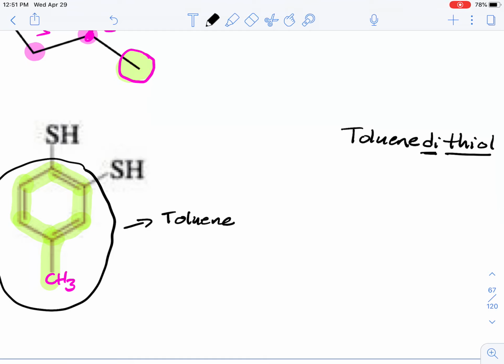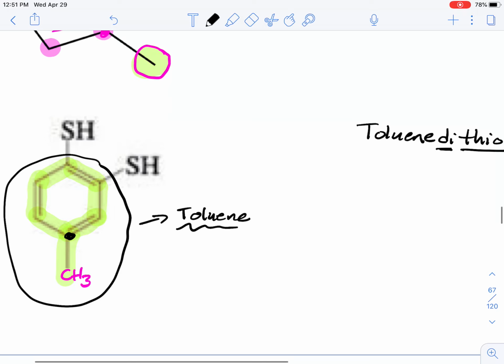And so in this scenario, since we're using the methyl group and the benzene ring, and since we're looking at that section as one entity, wherever that methyl group is, that's going to be carbon number 1. And so if we number this counterclockwise, is number 2, number 3, number 4.